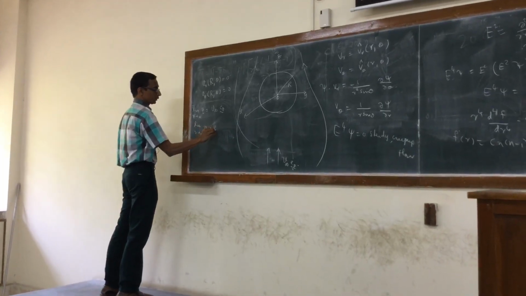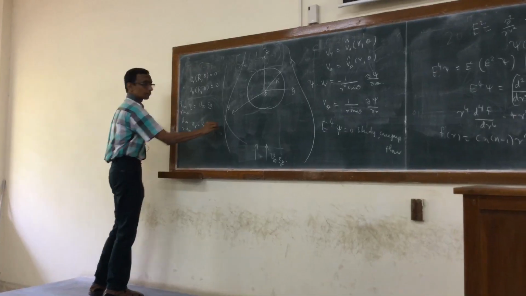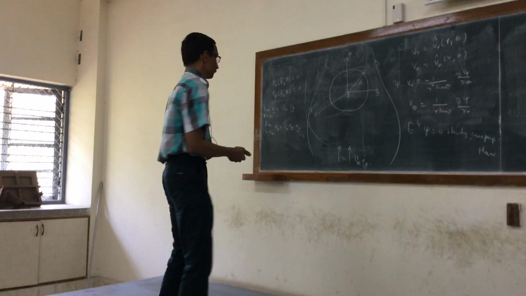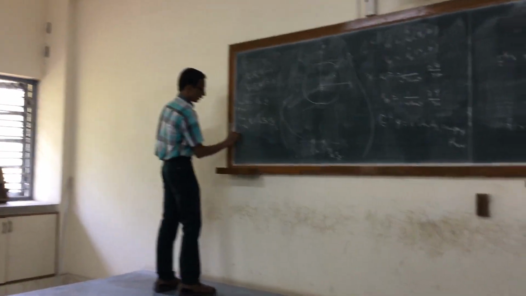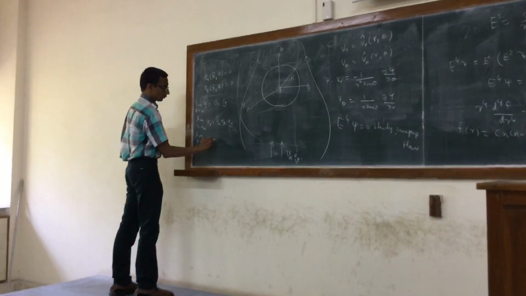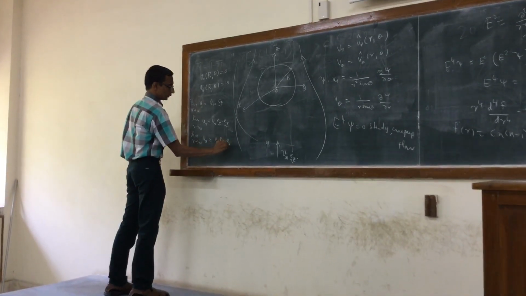Vr would be simply V infinity Ez dot Er, which we can easily find from the unit vectors that we have written down, and similarly V theta would be V infinity Ez dot E theta.